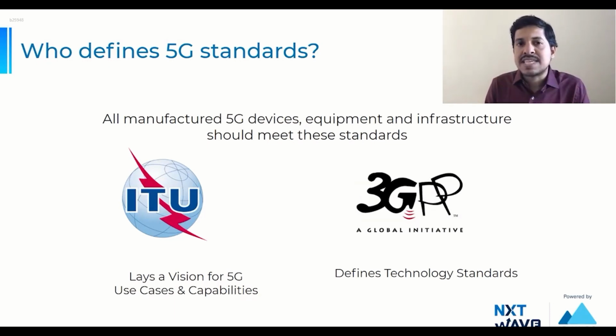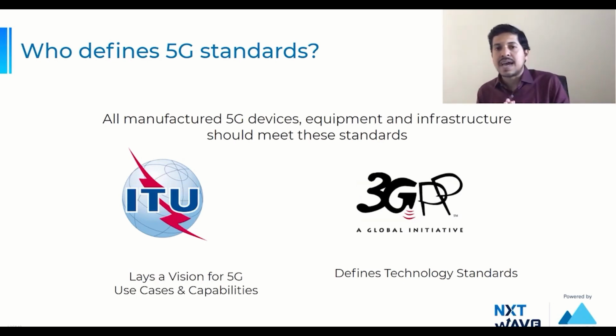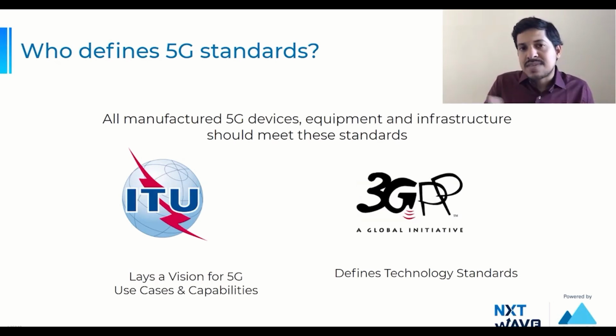And based on these technology standards, then different equipment manufacturers and device manufacturers manufacture devices and equipment and infrastructure that conform to these technical standards, to the 3GPP standards, and support the use cases laid out by ITU. So once the ITU laid out its vision for 5G and laid out the use cases and capabilities that 5G networks need to provide, 3GPP has been working over the last 4, 5, or even longer to come up with technology standards, defining the standards for a new technology that can meet or support these new use cases.